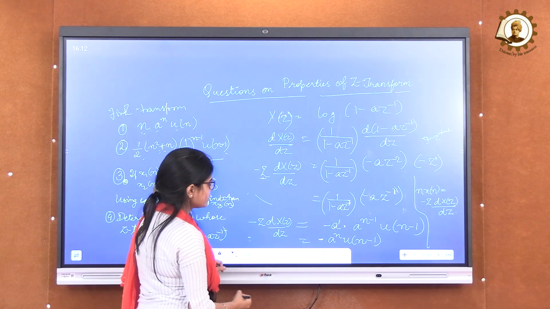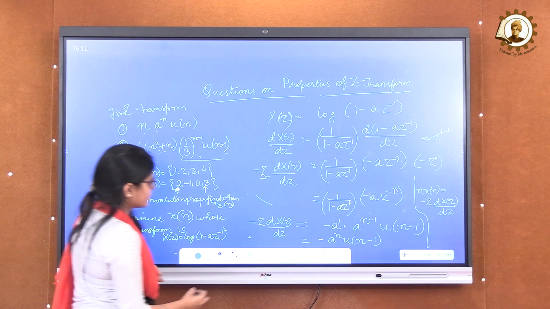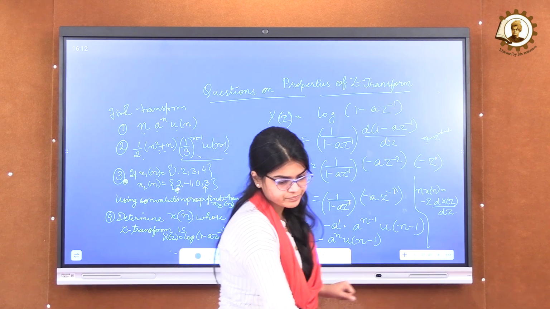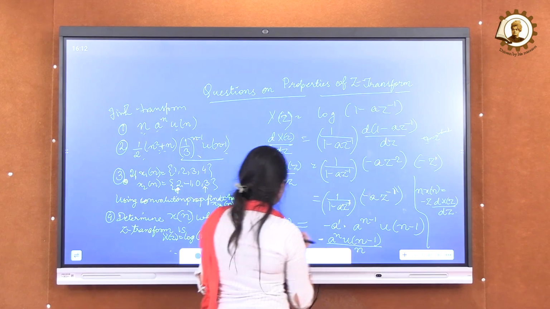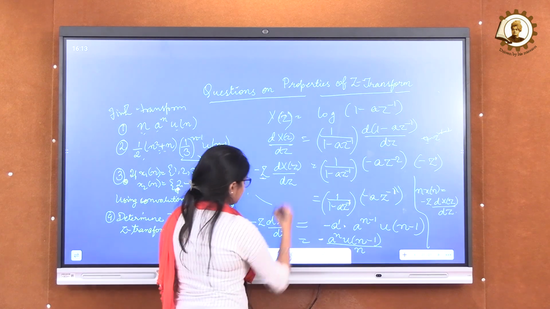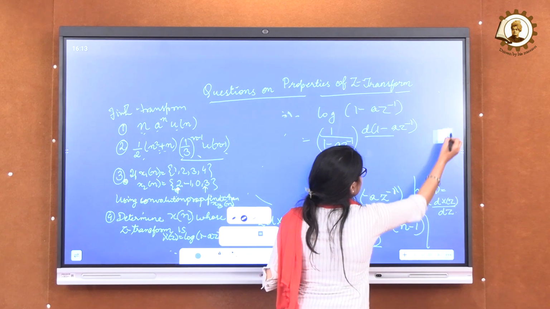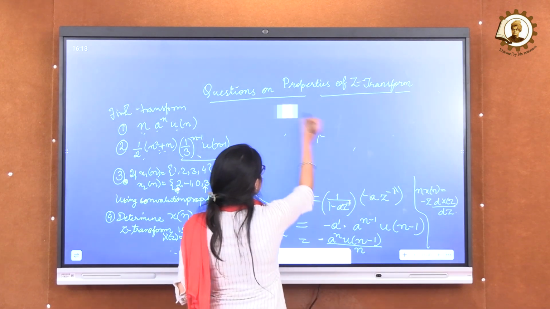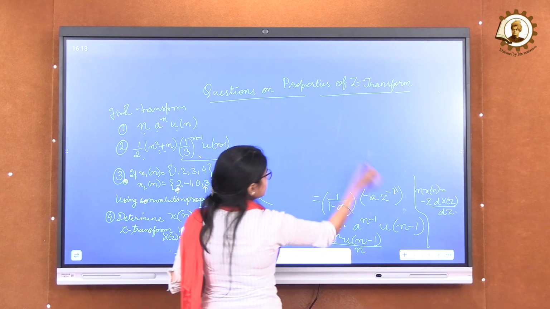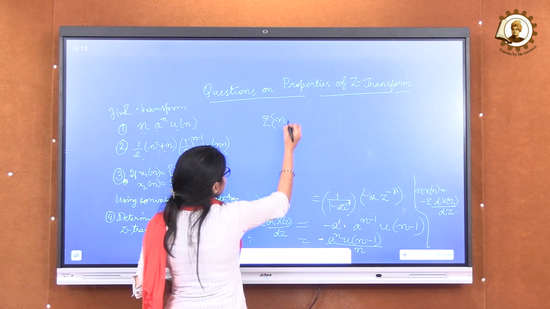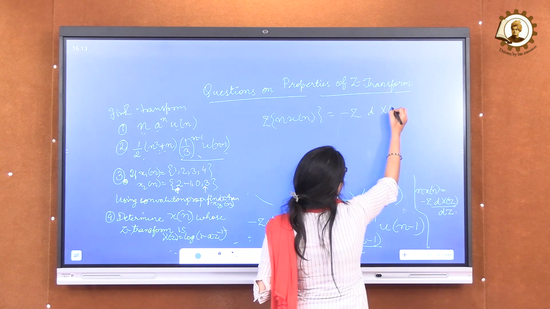So what we can do over here is multiply it with n. What is the signal we have to get? You have to just divide this by n. Because here, the z transform of n into x[n] gives you minus z dX(z) with respect to dz.